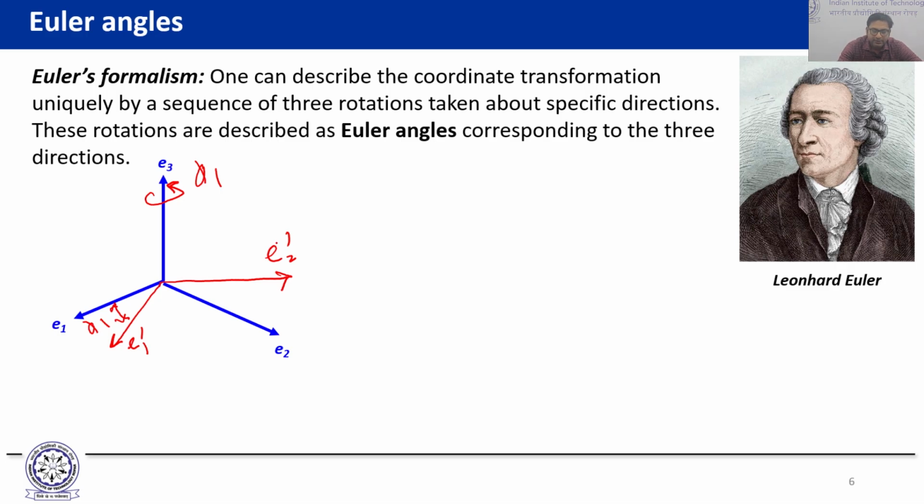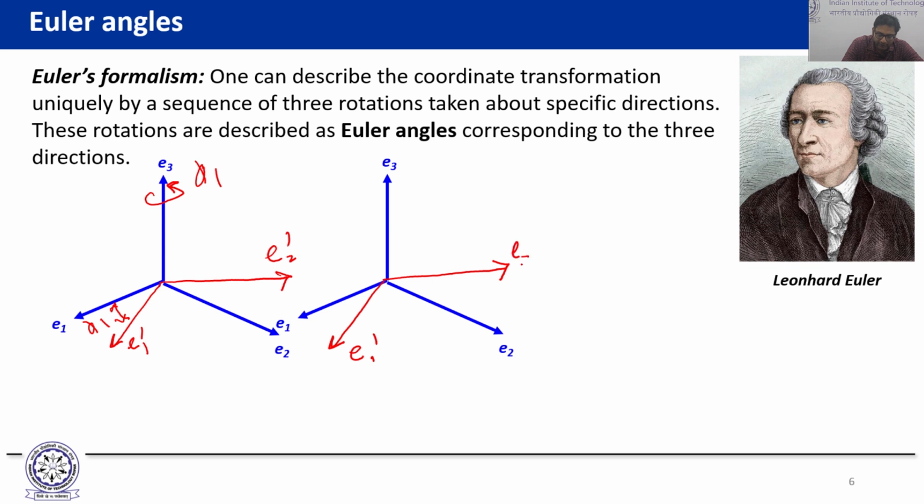Okay. So now, if we look at the next rotation, it can occur when we rotate this new frame of reference. This old frame of reference is given by the blue ones. The new frame of reference, which we get by the first of these rotations, is over here, E1 prime and E2 prime. Having done the initial rotation around E3 by phi 1, we now do the second rotation around E1 prime by an angle phi.